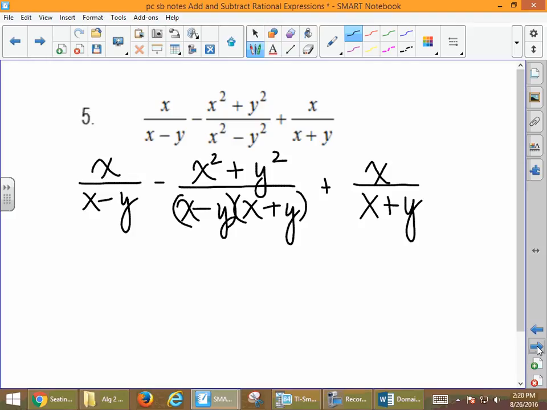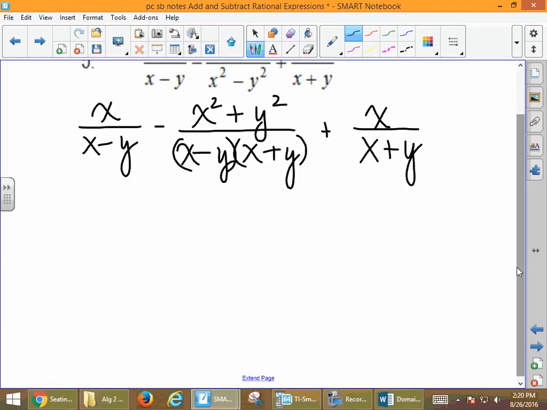So we need to determine what's going to be our common denominator. And we don't have something in common in all three of them. But we do have bits and pieces that are in common. We have an x minus y here, and an x minus y here. X minus y is going to be part of our common denominator. We have an x plus y here, and we have an x plus y there.